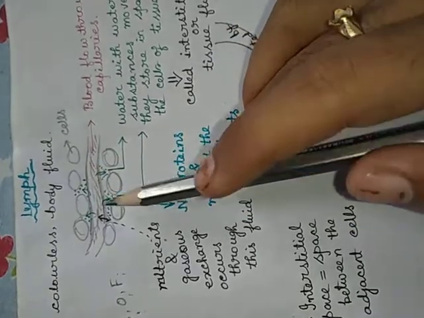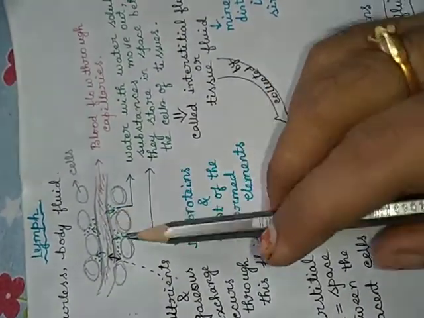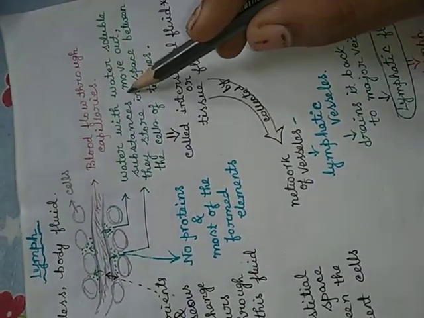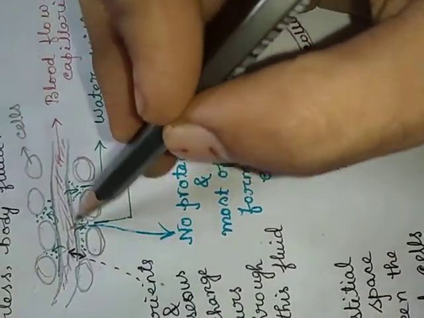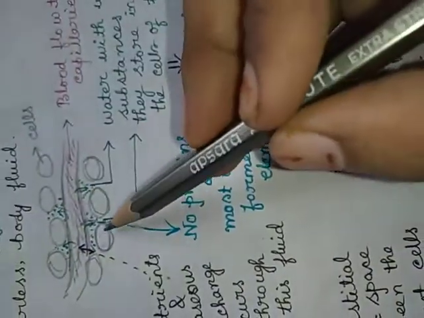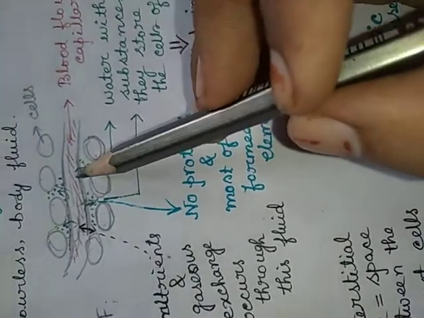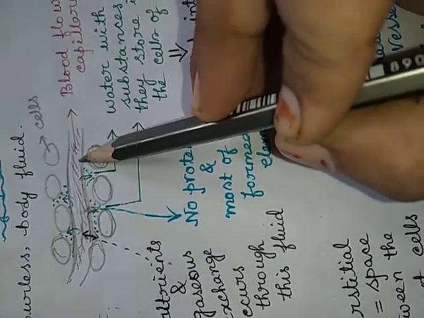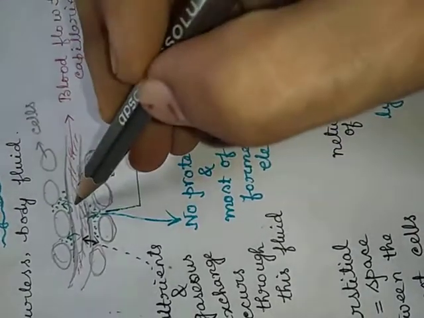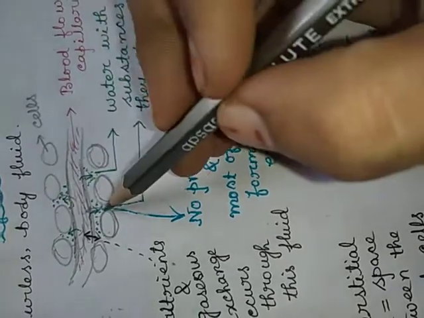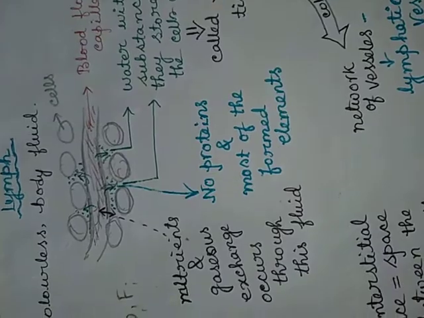Now what happens? Some water, and in the water some water soluble substances, move out and are stored in the places between the cells. So this is the blood that flows through the capillaries, but from here water and some water soluble substances move out and are stored in the space between these cells. See, here it is stored.